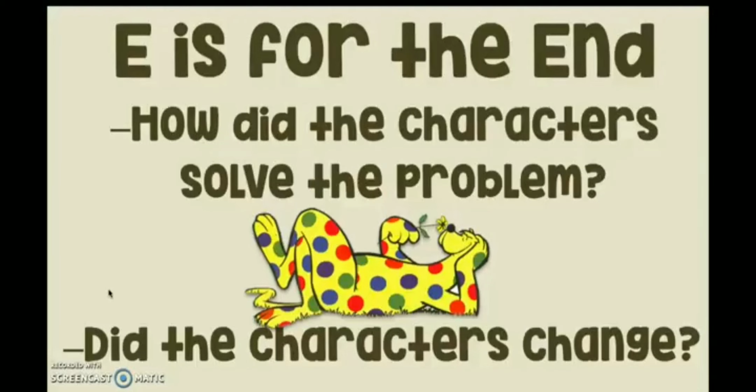And then in the very end, he solves his problem by actually joining the zoo. All right? He didn't change much throughout the story, but not all characters change a lot. It's really important in the end to think about how did they solve their problems and did they change? Because if they change, normally that's helpful too.